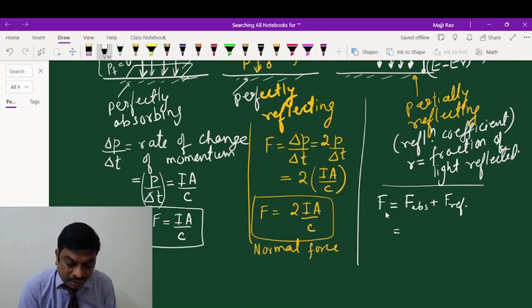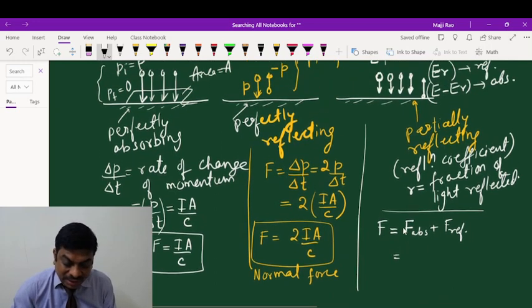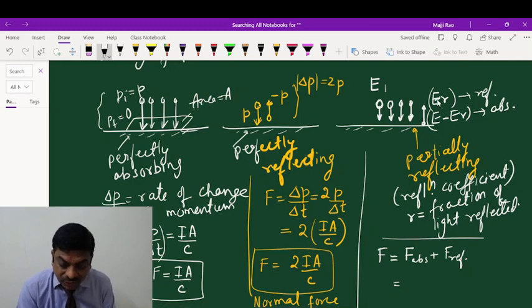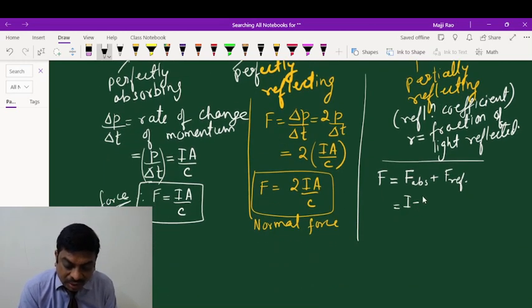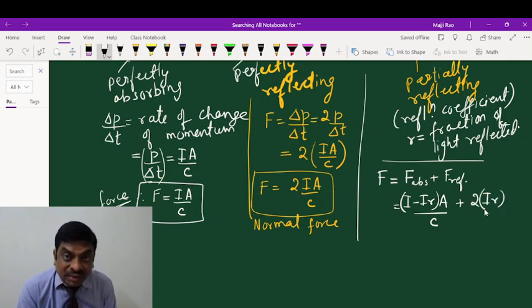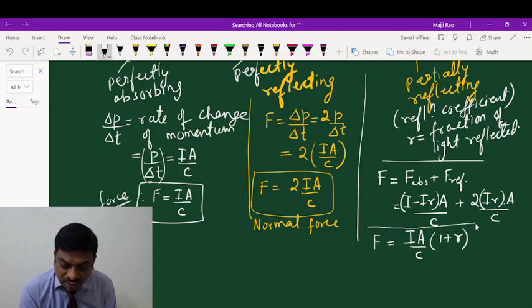Force due to the absorbed part is IA by C, where we replace energy with intensity, so I write this as I minus IR, the portion of the intensity which is absorbed, by C, whereas for reflected it is twice the portion of intensity which is getting reflected, which is IR A by C. So finally, if I take I, A and C common, I'll have 1 plus R. So this is the expression for force.